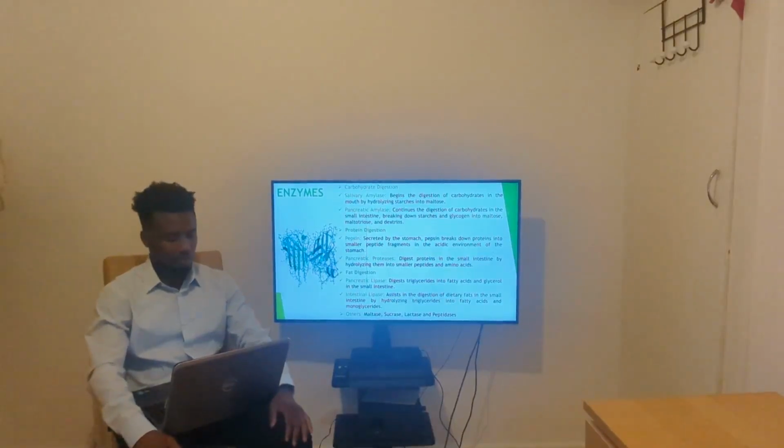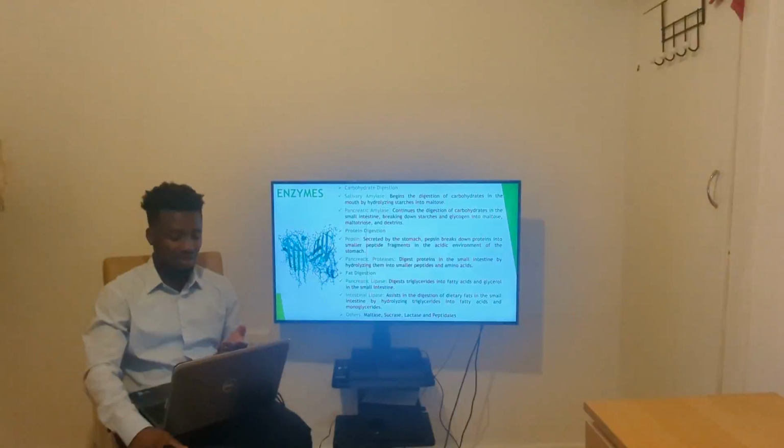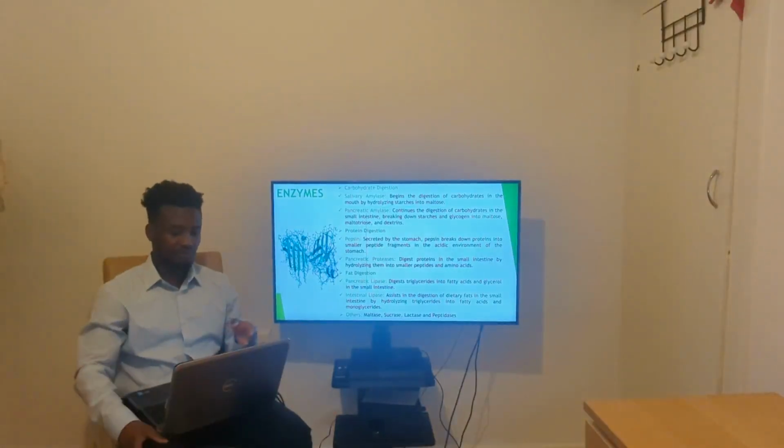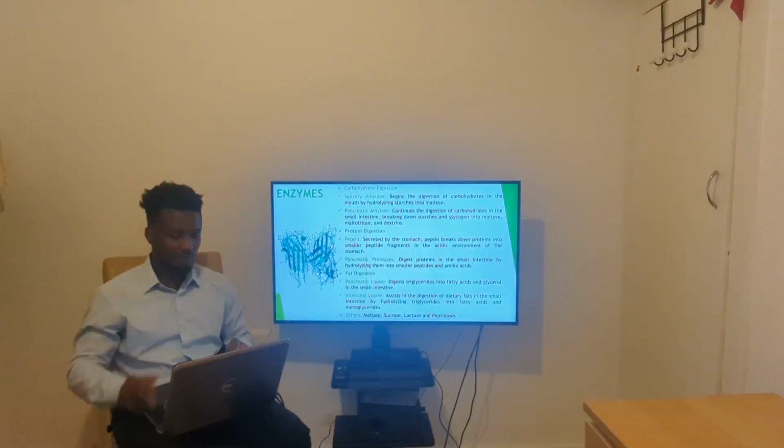Carbohydrate digestion. Salivary amylase begins the digestion of carbohydrate in the mouth by breaking starches into maltose. Then pancreatic amylase continues the digestion of carbohydrate in the small intestine by breaking down starch and glycogen into maltose and dextrins.